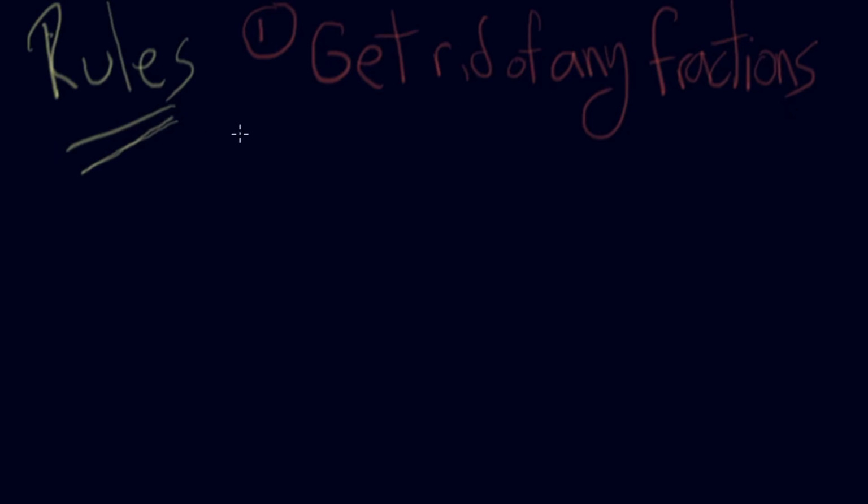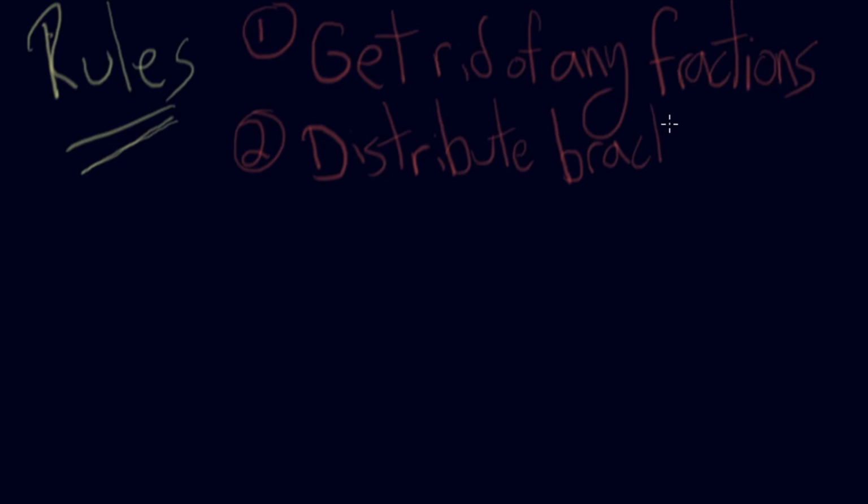And the second thing is a possibility to do. You don't need to do it, but you might want to distribute brackets first. So this is building on some things you learned probably already from your math teacher. So those are the first couple of rules to get you going before we dive into the real ones.